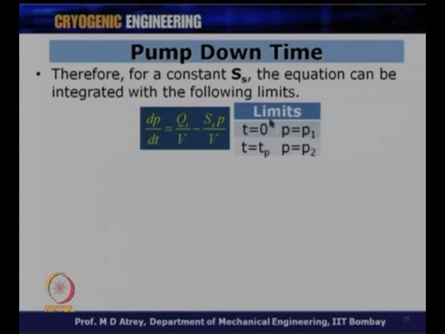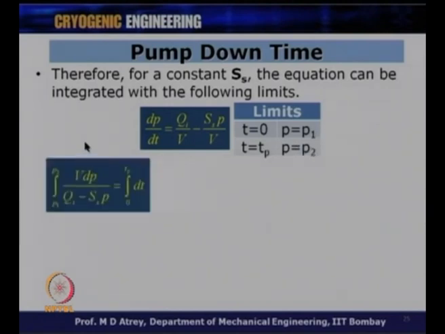This is the time limit where the pressure decreases from p1 to p2. So, I will have the integration from p1 to p2 of V dp upon Qi minus Sp p, and on this side only the dt parameter, integrated from 0 to Tp. Transposing dt on one side and getting all other expressions on the other side, we can get this particular expression.